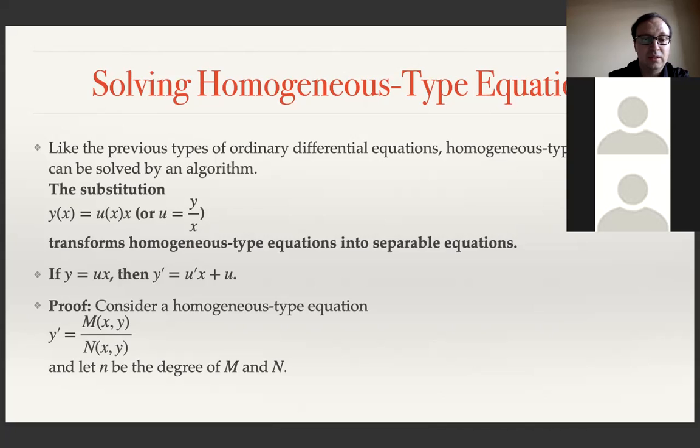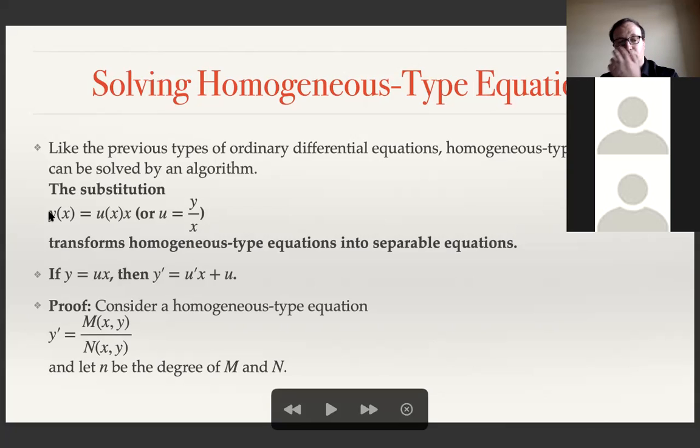So this is, by and large, the same procedure as for solving Bernoulli type equations, except that the substitution is different. For Bernoulli type equations, after the substitution, we had to solve a linear equation. For homogeneous type equations, after the substitution, we'll have to solve a separable equation. The substitution and the computations are slightly harder algebraically, but still it's just an algorithm.